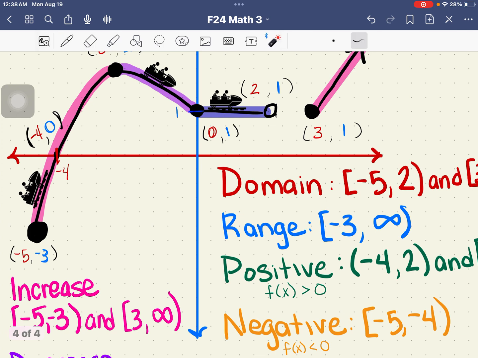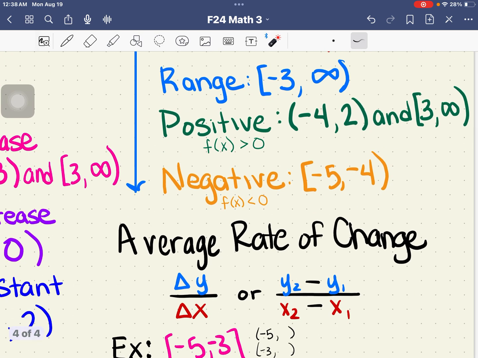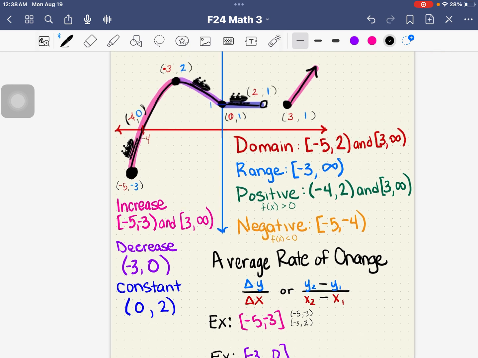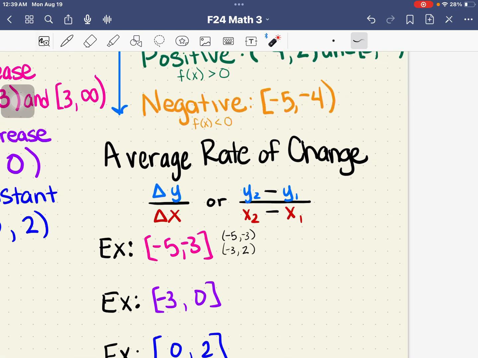At negative 5, the y value is negative 3. At negative 3, the y value is 2. So again, we are trying to find the average rate of change between this point and this point, from negative 5 to negative 3.